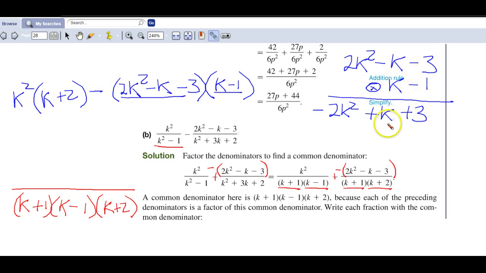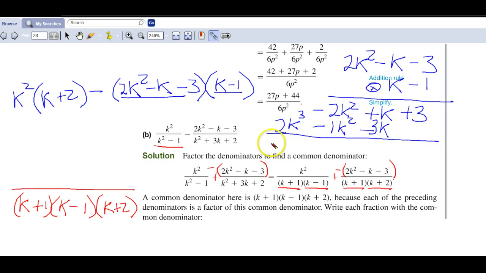Now this will be a negative 3k. This will be a negative 1k squared. We don't usually write the 1. This times this is going to be a 2k cubed.